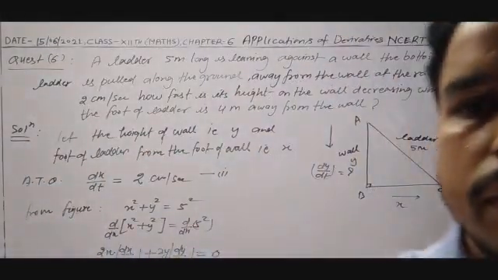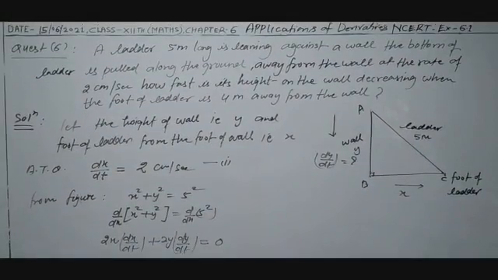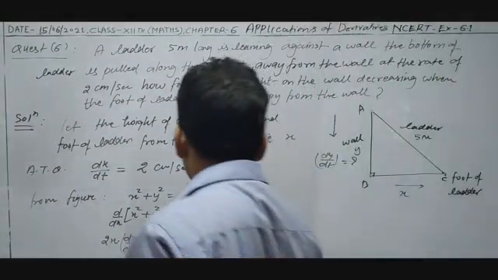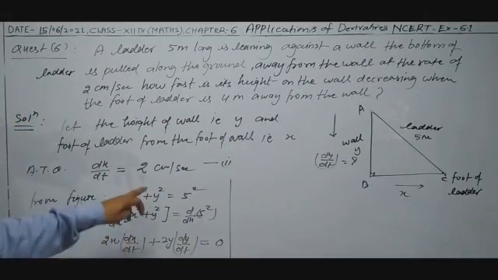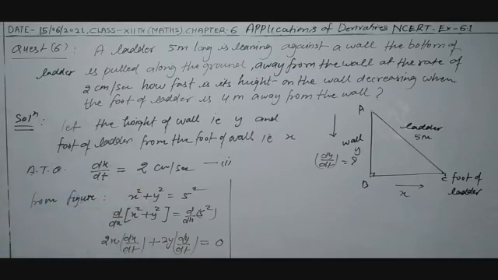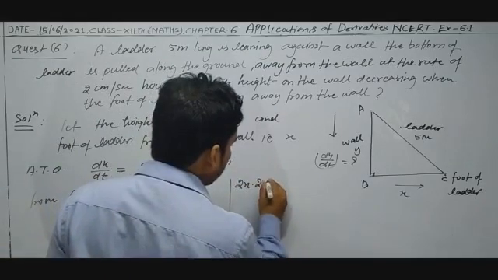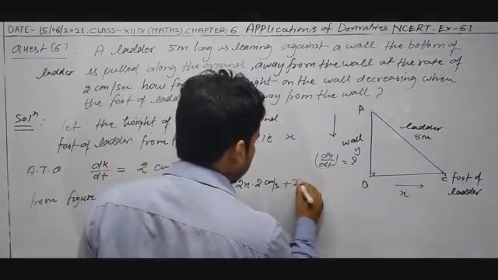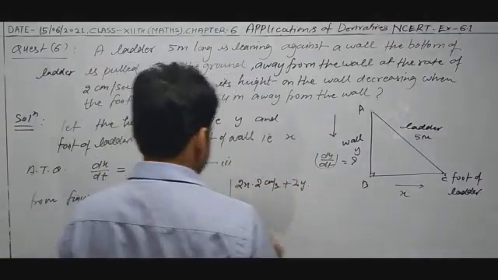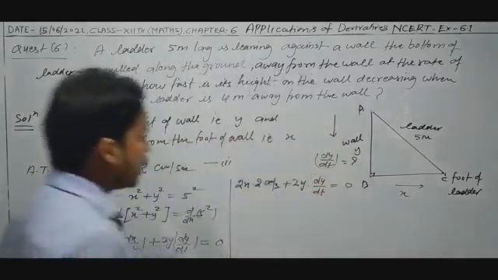Now dx upon dt is 2 centimeter per second, so 2x into 2 plus 2y dy by dt is equal to 0.